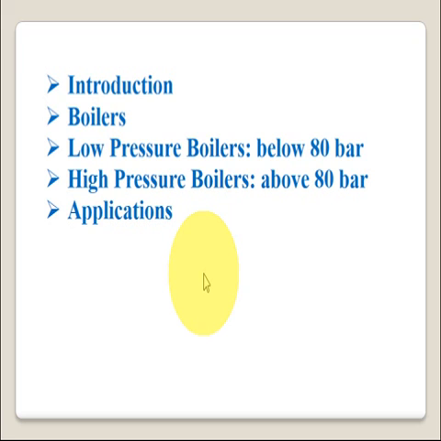When the steam supplied in a power plant is at higher pressure, then efficiency increases. And this basic basis is used for the steam generation in power plant to achieve the higher efficiency.